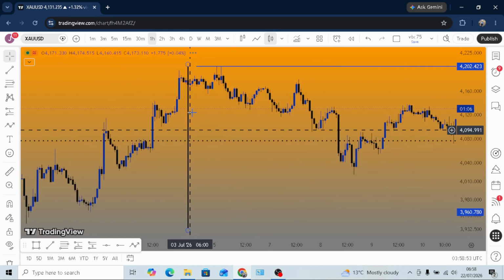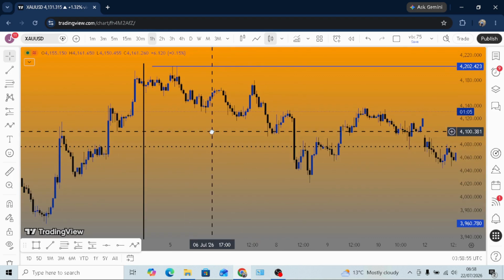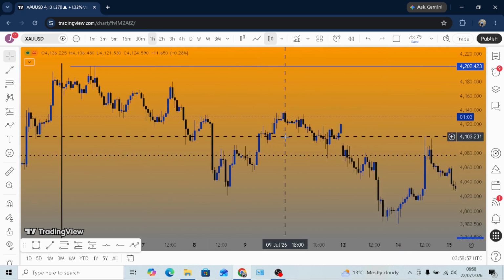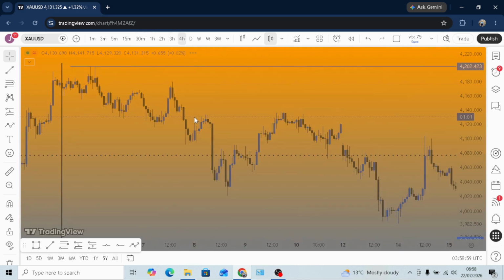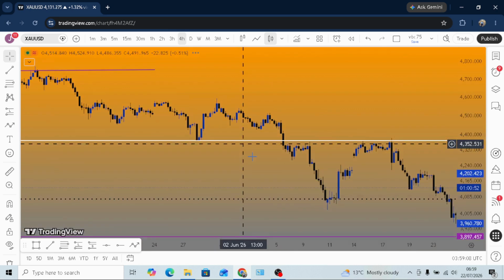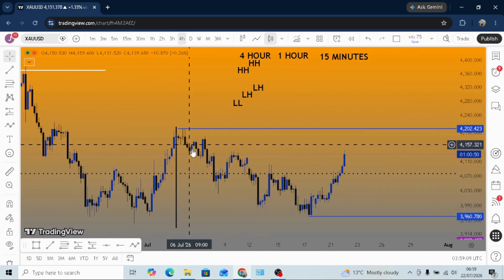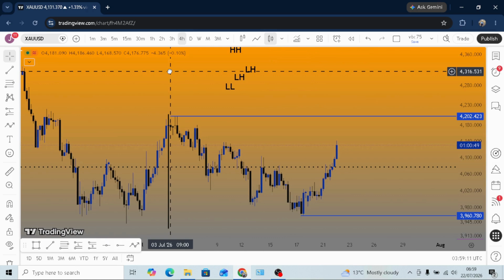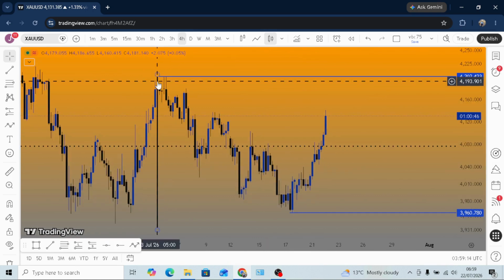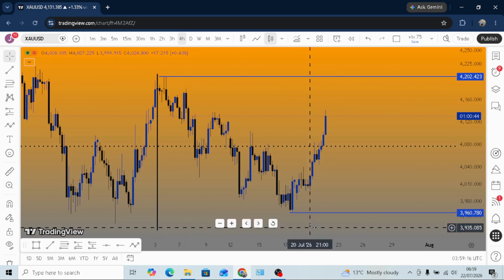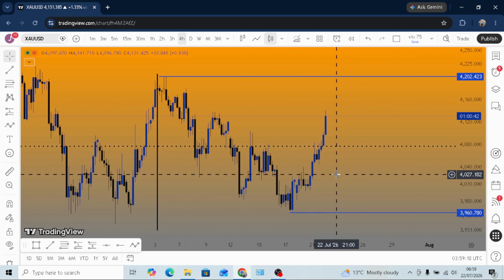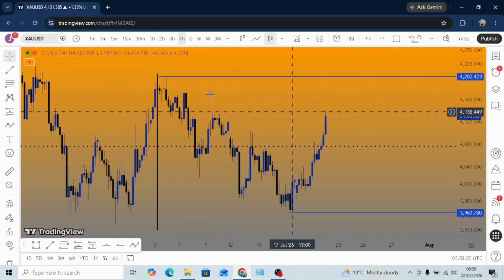So this is the zone that I've identified on the 4 hours. This is the move I'm talking about. We're going to start from here all the way to where price is currently at. So this is the zone I'm looking at.